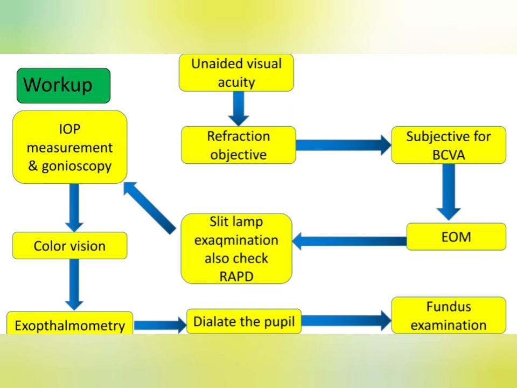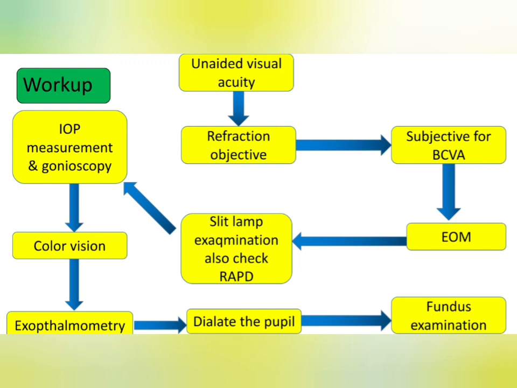as you know very well. After that, do the slit lamp examination, and also do not forget to check the RAPD to rule out any type of optic nerve lesions. Do the slit lamp properly and note down each and everything that you see in that patient.